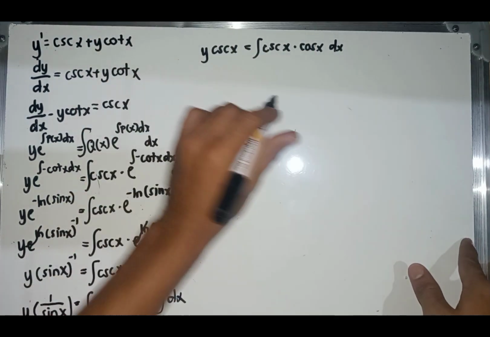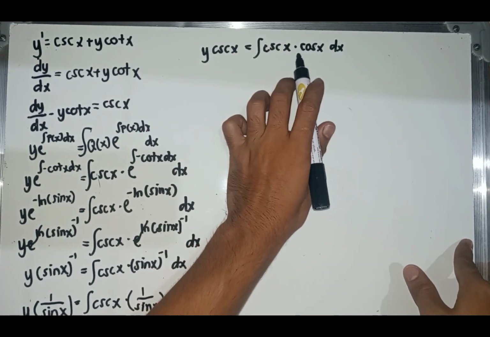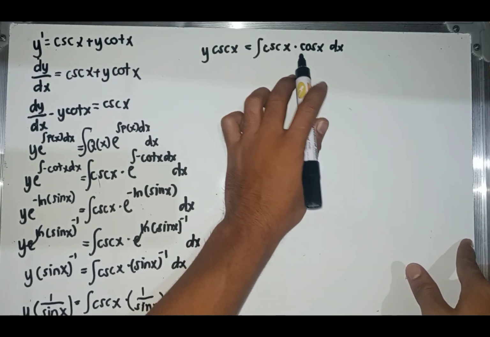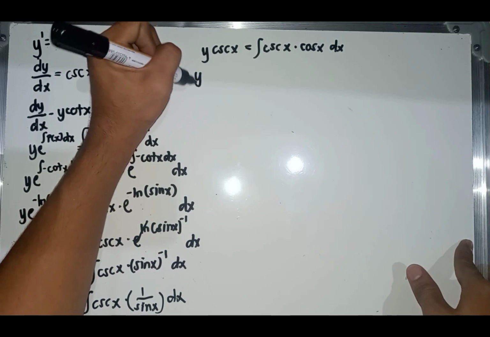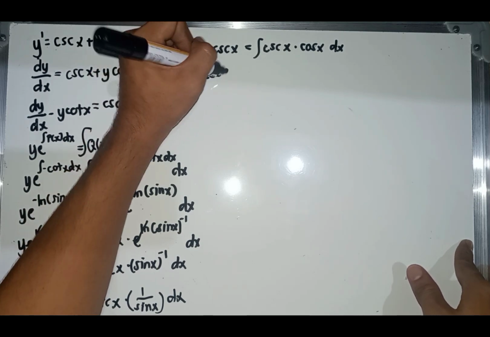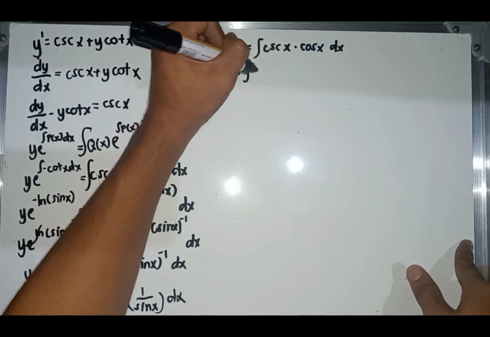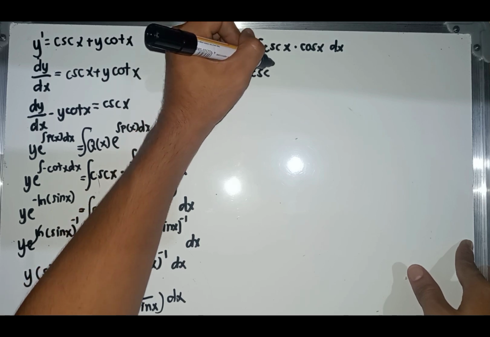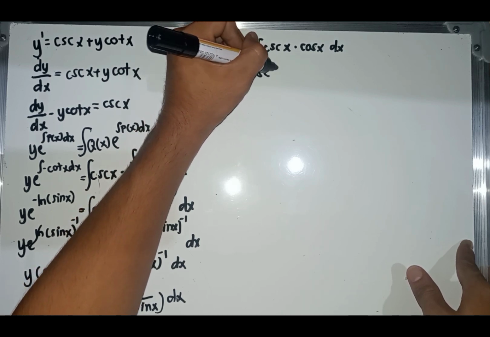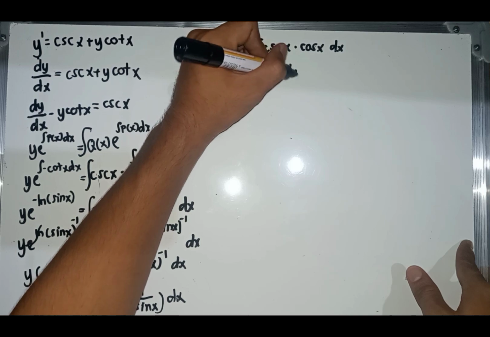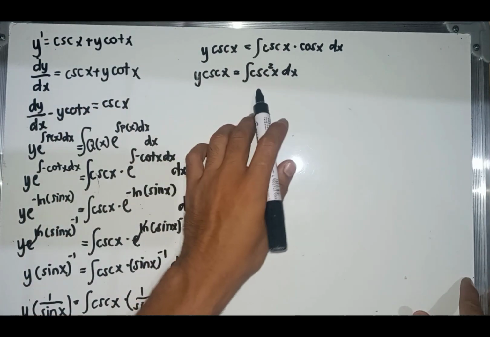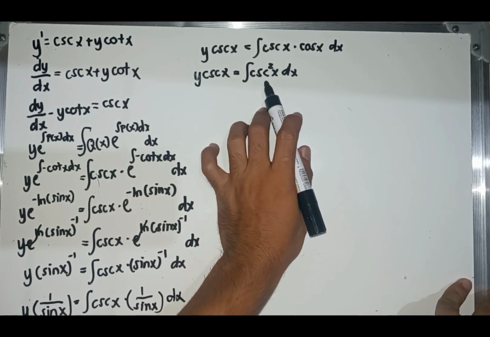We combine this since they are the same term. So we have y cosecant of x is equal to the integral of cosecant squared of x dx. Now we're gonna integrate this.